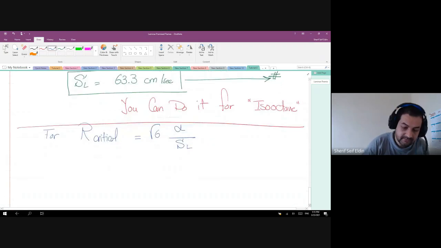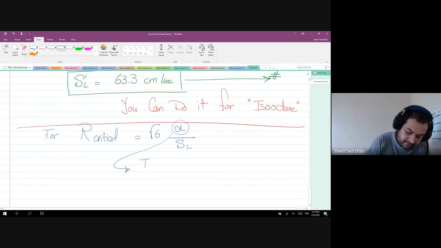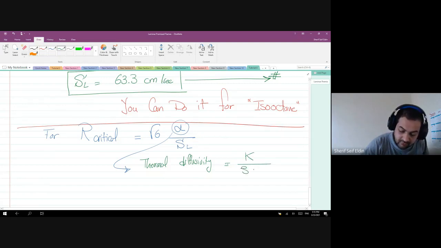So alpha here is the thermal diffusivity, which is the ratio K over rho Cp. So obviously rho of the unburned gas.